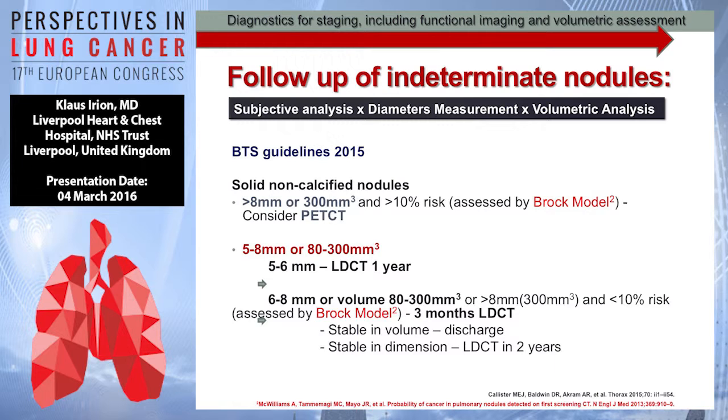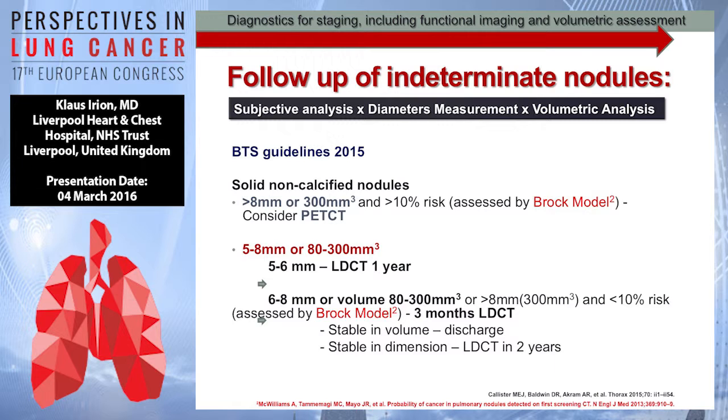As you know, in 2015 the British Thoracic Society did a fantastic review, a very beautiful work of about 50 pages long, to guide you regarding what to do when you identify a pulmonary nodule.